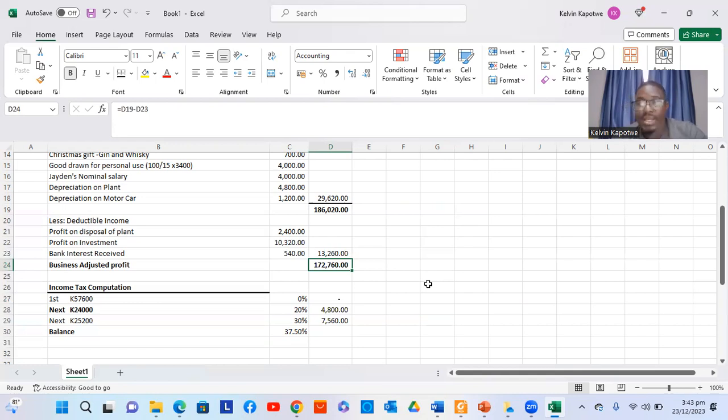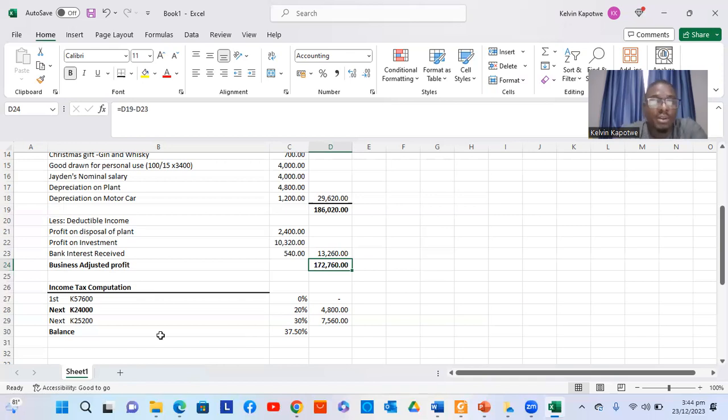172,760 minus the first 57,600. The first is tax-free. So you are remaining with 115,160. Then that 115,160 again minus the second 24,000. You are remaining with 91,160. That 91,160 minus the third 25,200.